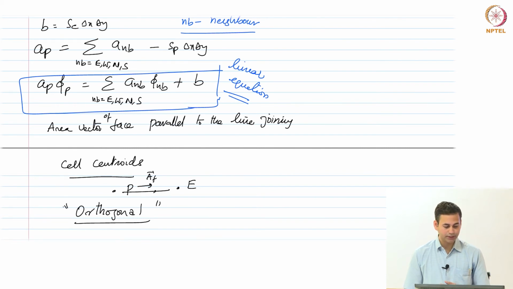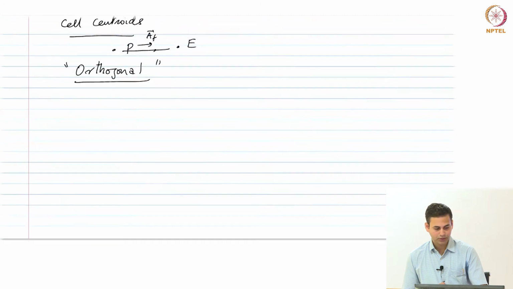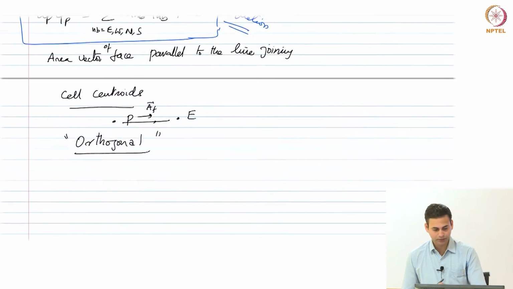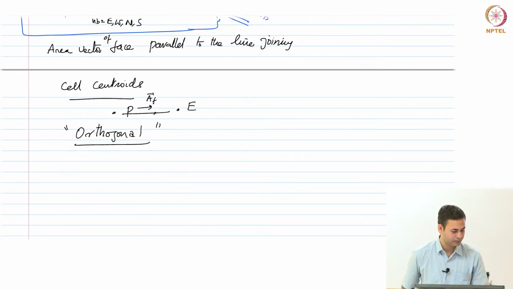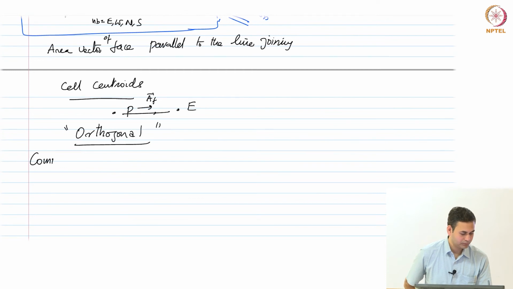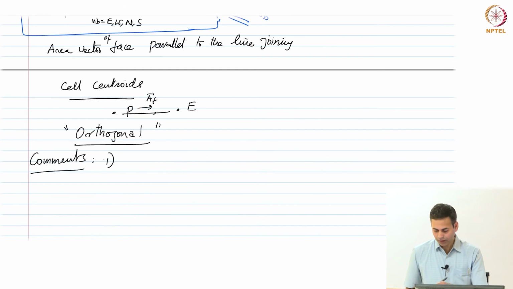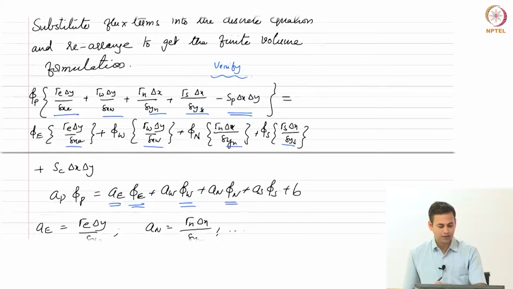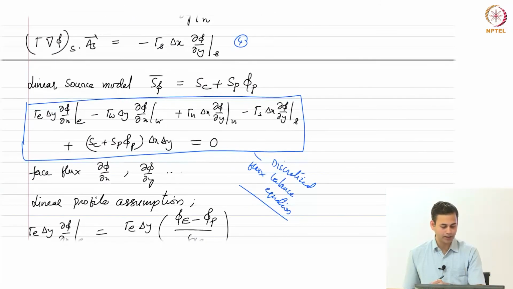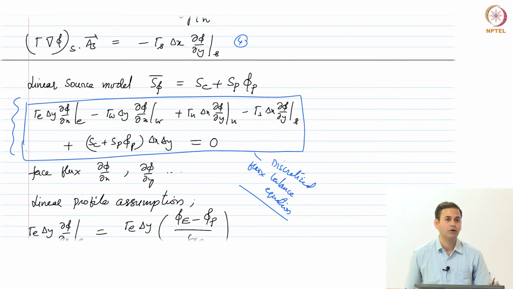Alright, let us look at some comments on what we developed, for the 2D diffusion equation. What is the first comment? The first comment is, of course, similar to the 1D case. If we go back, the discretized equation that we have here has some physical significance.